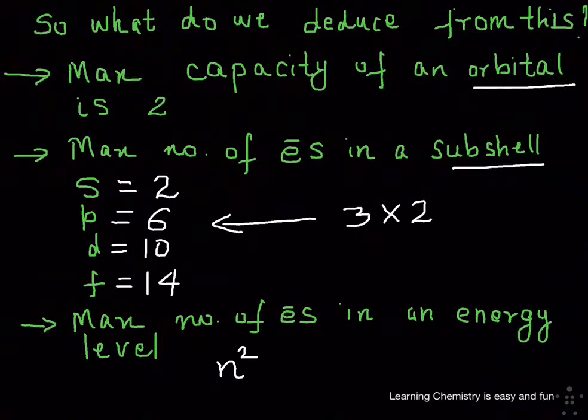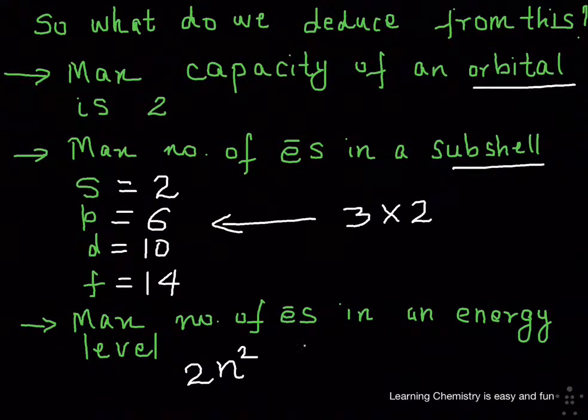So, the maximum number of electrons in any energy level comes to 2n square. I am sure you will be able to relate to your learning in previous classes where you simply said that the maximum number of electrons in any energy level is 2n square.